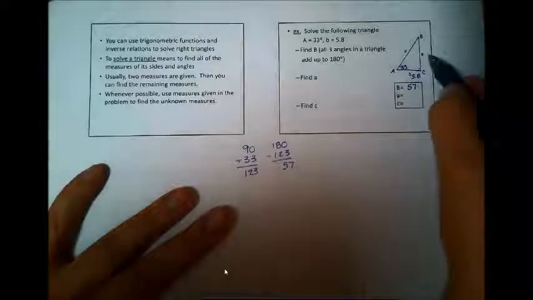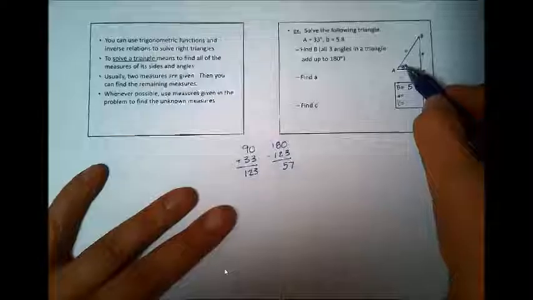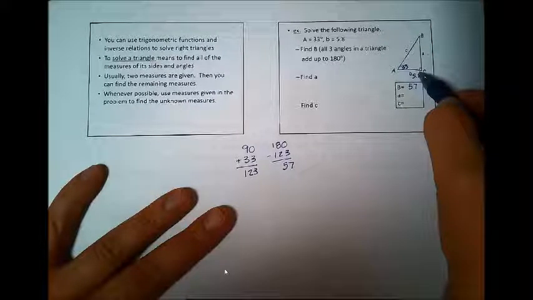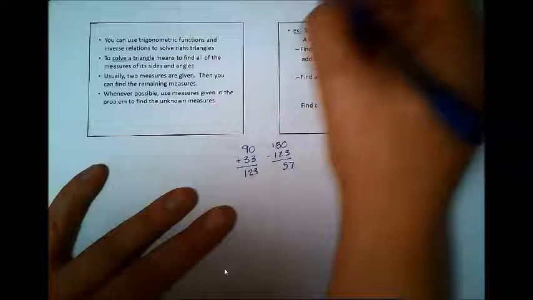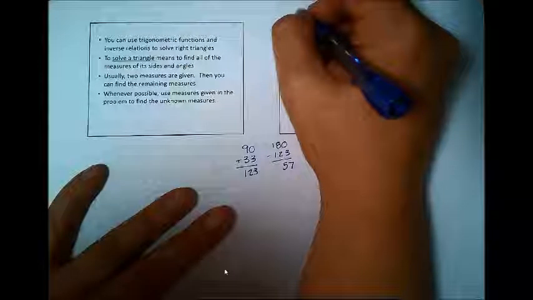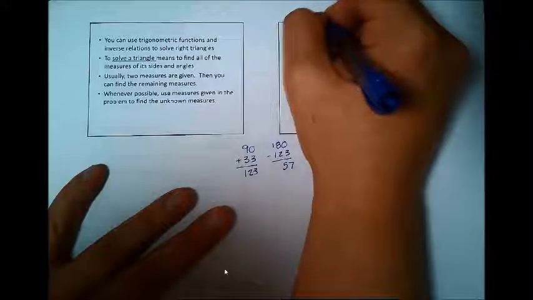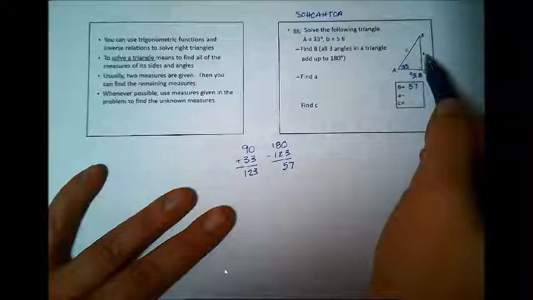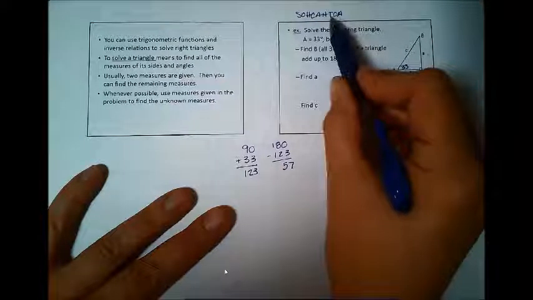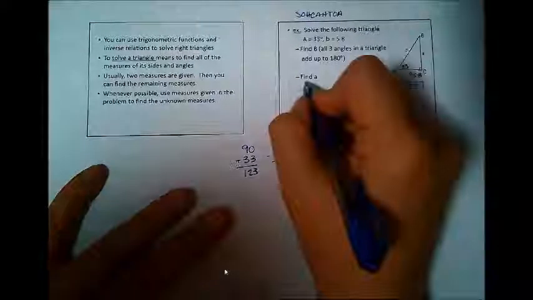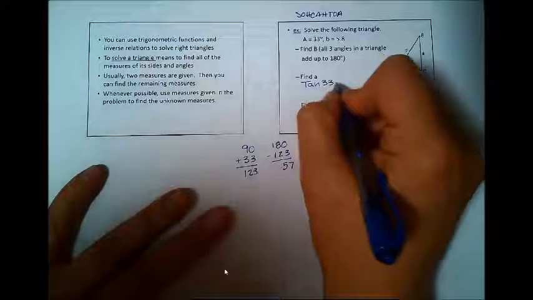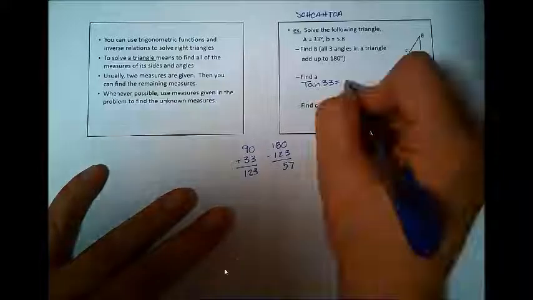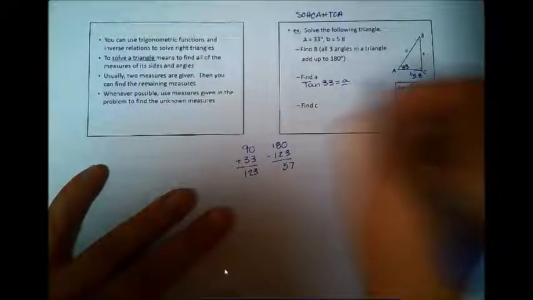Then it says find A. Well, little a is opposite 33, and we have the adjacent, so we can use tangent, because if you look at SOHCAHTOA, if you have the opposite and the adjacent, you're looking at tangent. So our tangent of 33 is going to equal A over 5.8.